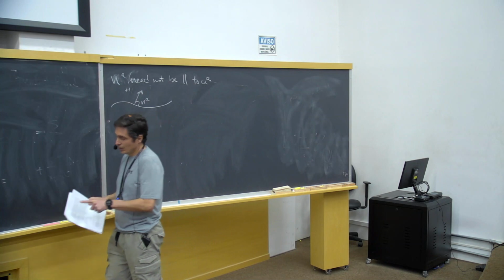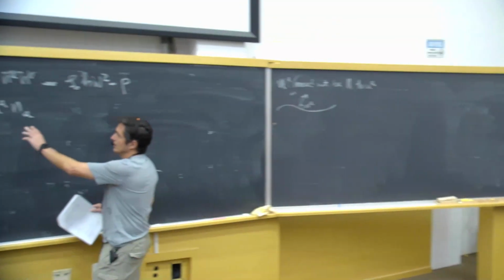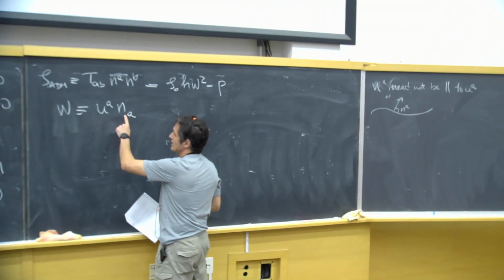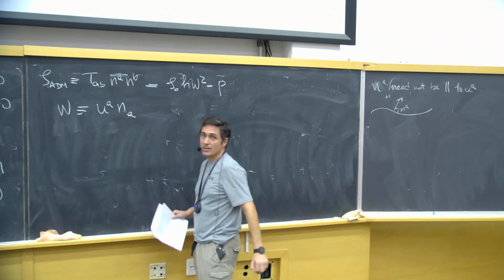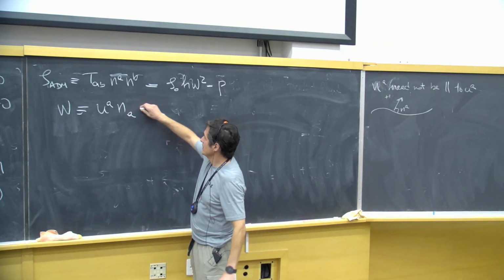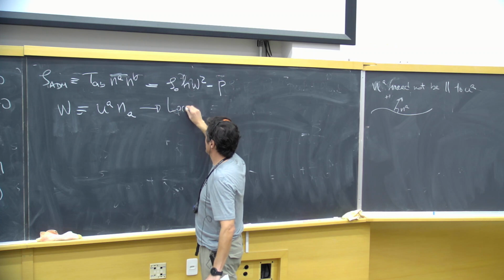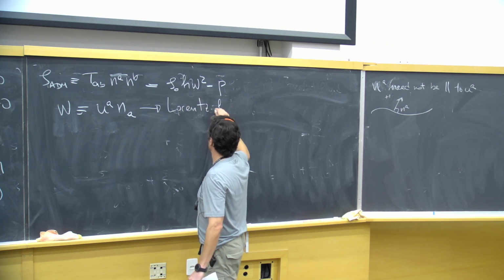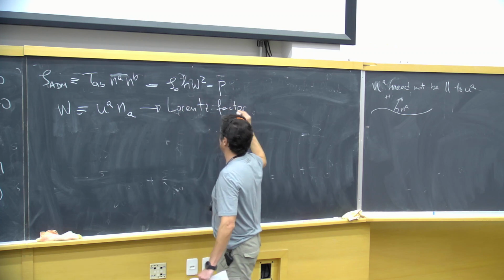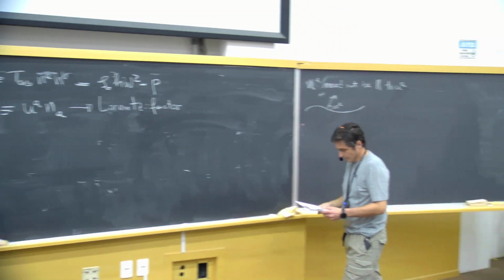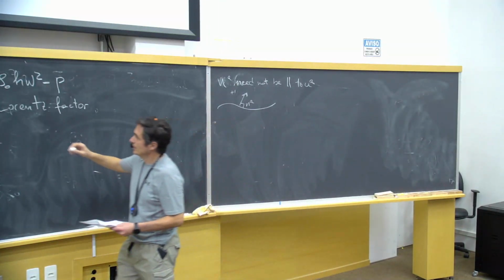So this we actually measure with respect to the observer that has an N. It's nothing but the Lorentz factor measured by that observer. Sorry, I'm going to put a minus sign here.